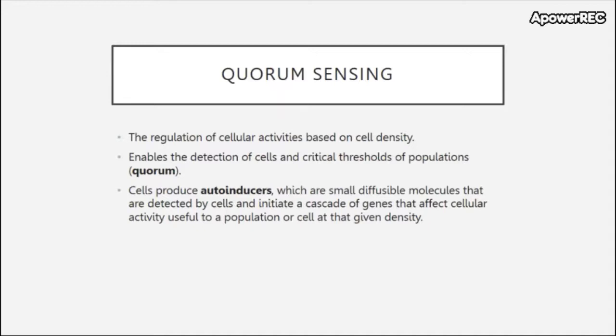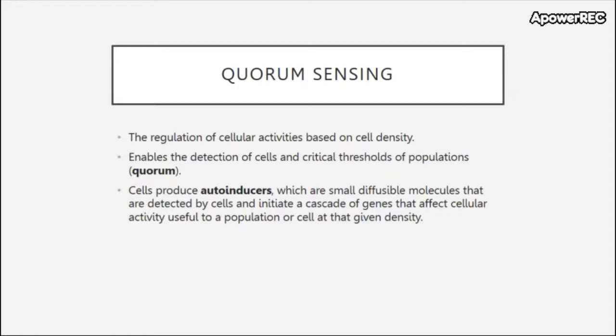And this enables the detection of critical thresholds of populations, or a quorum. The way it works is cells produce what are called autoinducers, which are small and diffusible molecules that are detected by cells and initiate a cascade of genes that affect cellular activity useful to a population or cell at that given density.